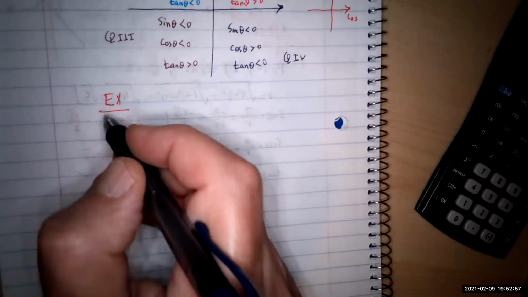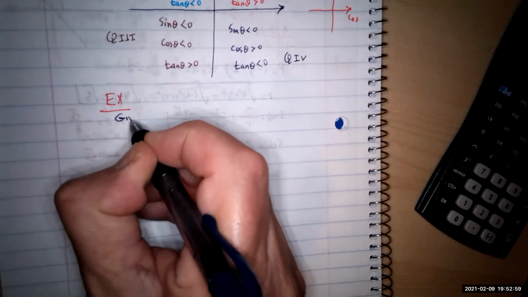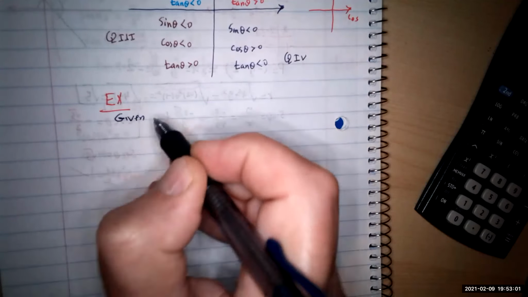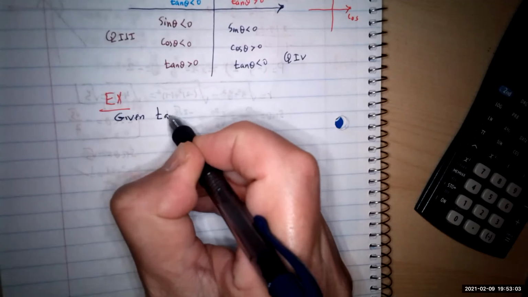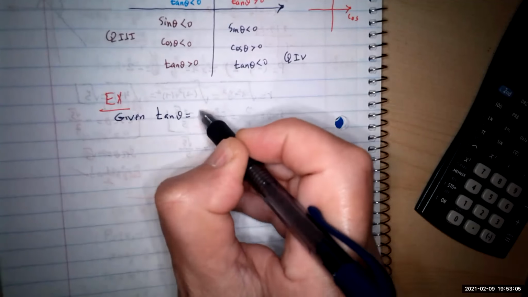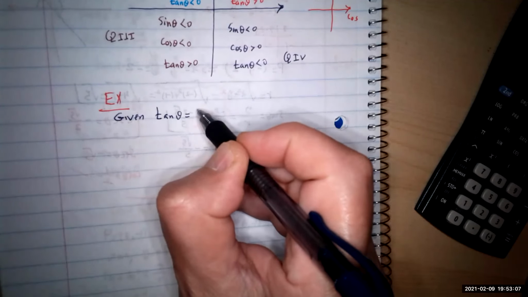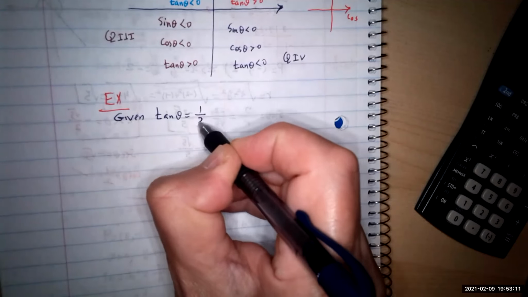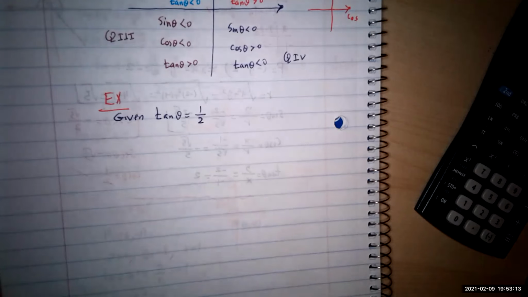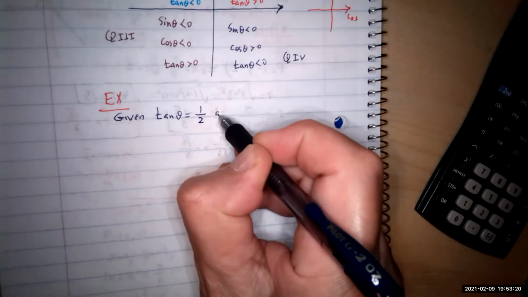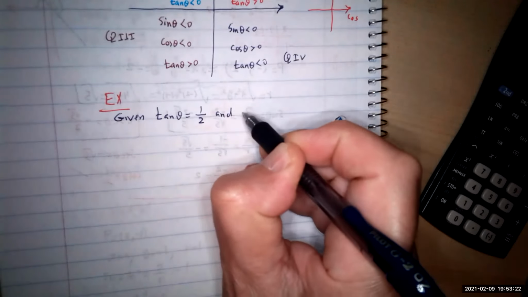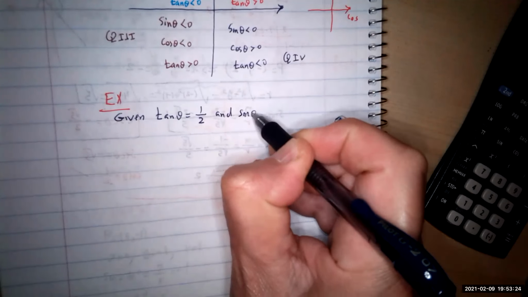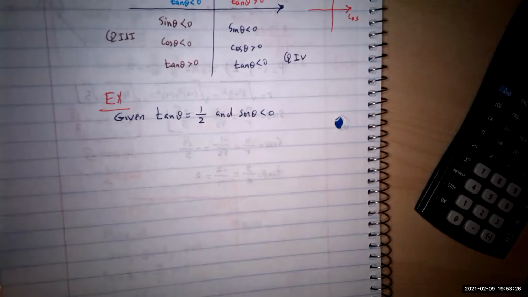The problem is going to be, and you have quite a lot in your book: given that the tangent of theta is equal to 1/2, and the sine of theta is negative.